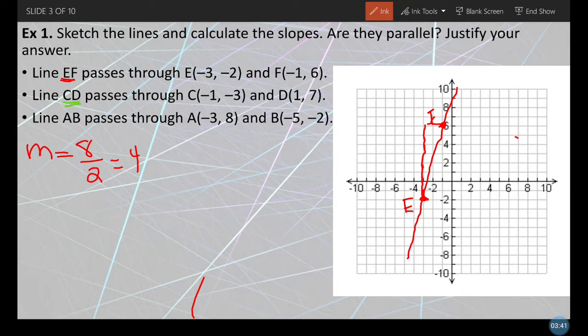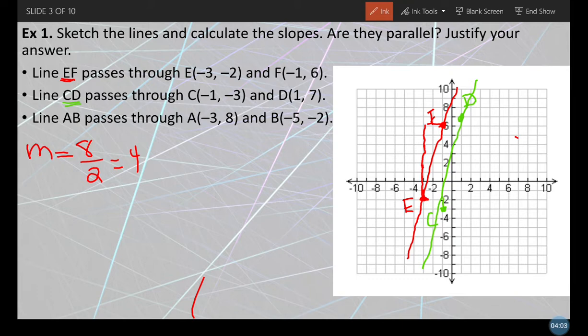Line CD passes through -1, -3, which is C. Line D is at 1, 7. So there is D, and I can sketch those. Now, maybe they're parallel, maybe they're not. I'm not sure, but what I need to do is find the rise and the run, again, of these.